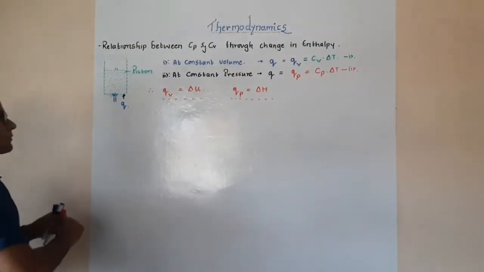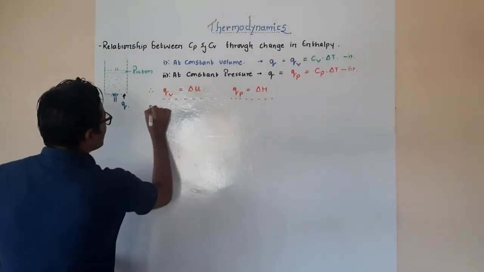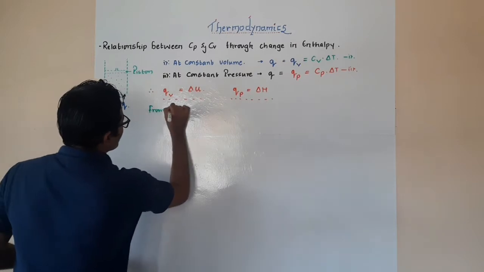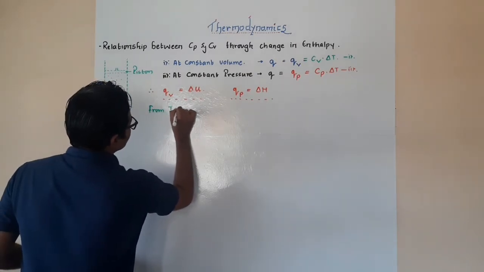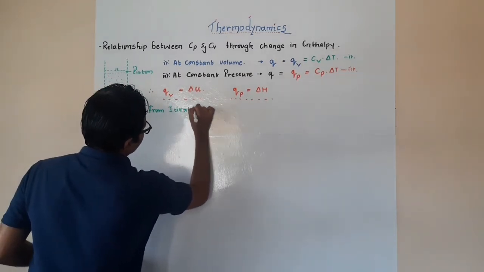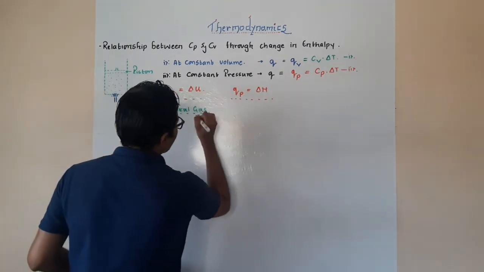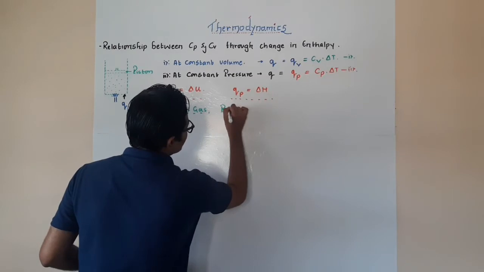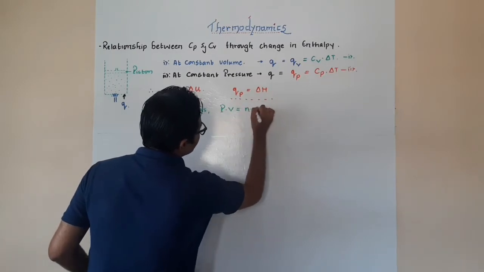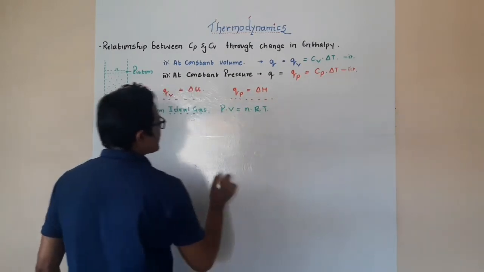Okay, so from the ideal gas equation, as we have taken our gas over here, let's consider that the gas is an ideal gas. So for this particular expression, PV is equal to nRT.